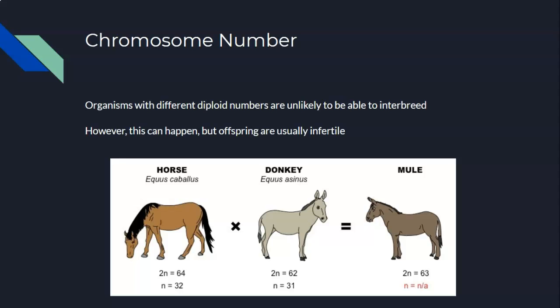But if your diploid numbers are similar, it's not unheard of that you can create an offspring. For example, the horse mating with a donkey can produce a mule, but the mule is infertile, right? It doesn't have a haploid number because it doesn't have an equal, even diploid number, meaning that it cannot produce a viable offspring.